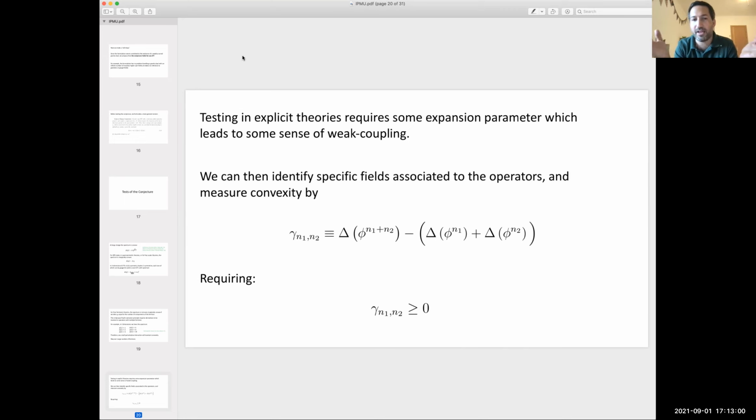So there's some field phi, and we can define the convexity as the difference between different powers of phi. So the dimension of phi to the n1 plus n2 minus the dimension of phi to the n1 plus the dimension of phi to the n2. That should be positive. That's a way to formulate it here if you refer to fields instead of charges.